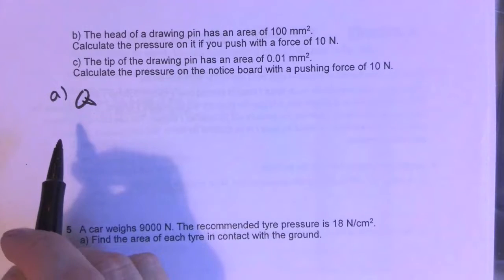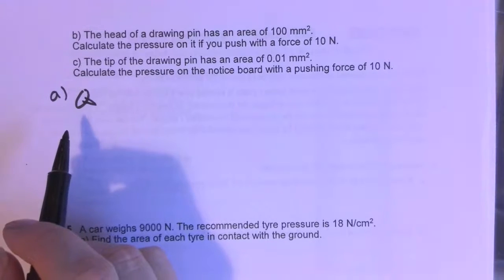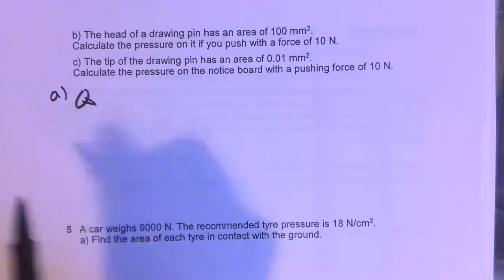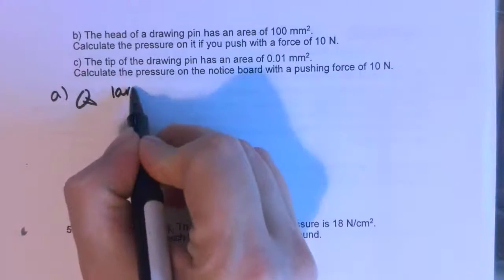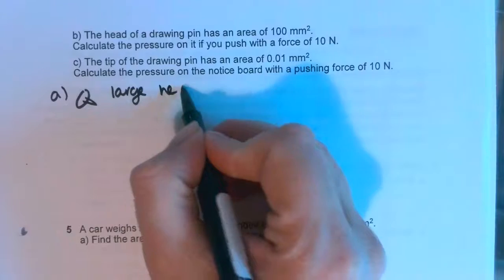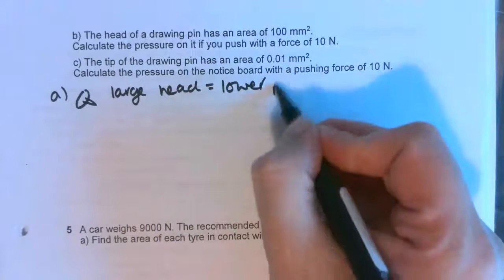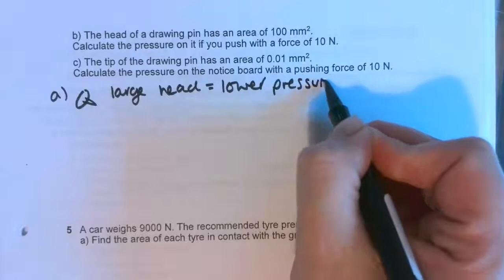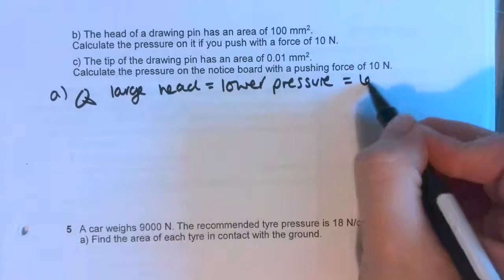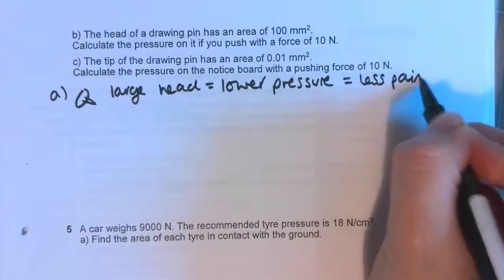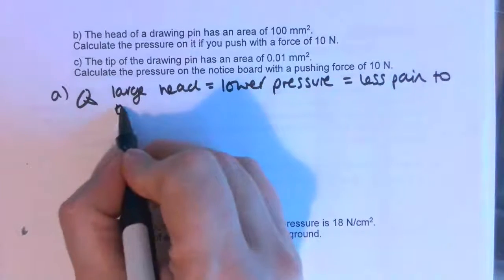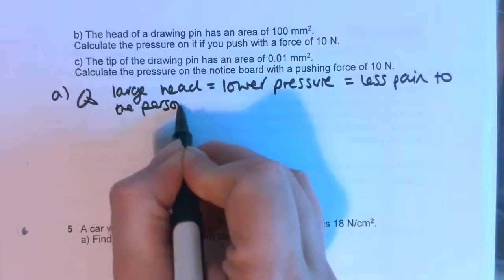So let's get that written down in a slightly neater way. So the large head means we've got a lower pressure, so less pain to the person using it.